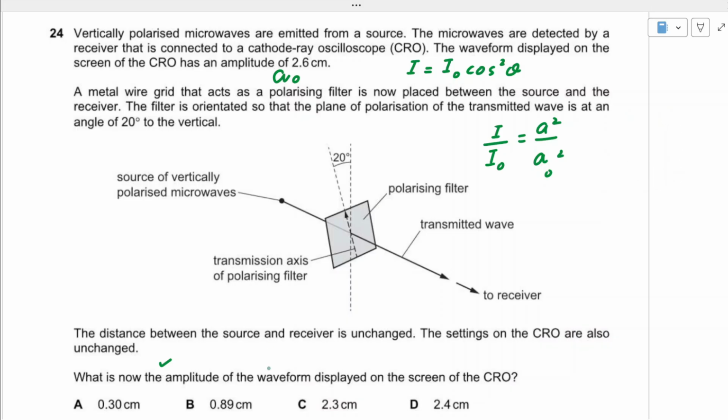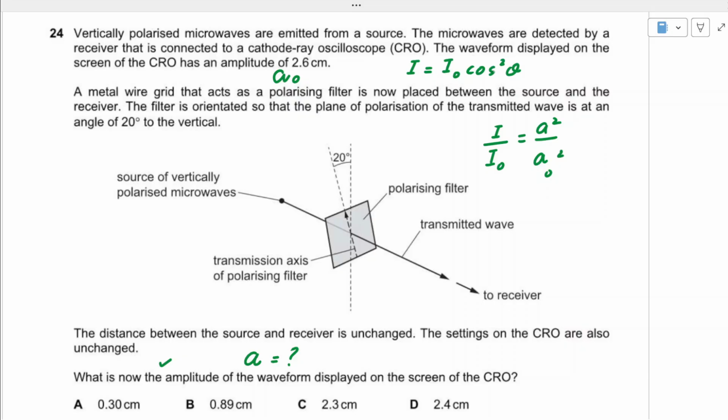The new amplitude, a, needs to be found out. We don't know the intensity, rather we know the angle of the transmission axis with the polarized light, which is 20 degrees, only 20 degrees.